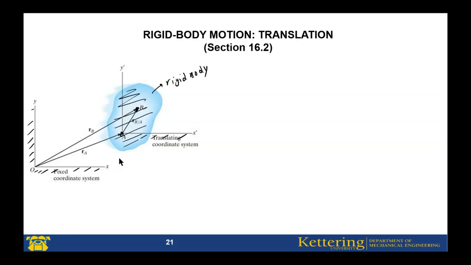The rigid body has several particles. Then we can relate RA and RB using this triangle, using the relative position vector of B with respect to A: RB equals RA plus RB with respect to A.